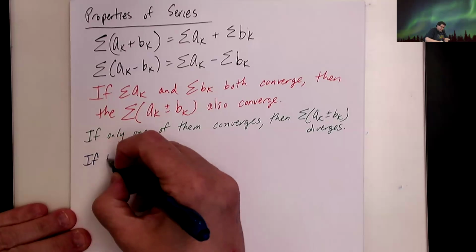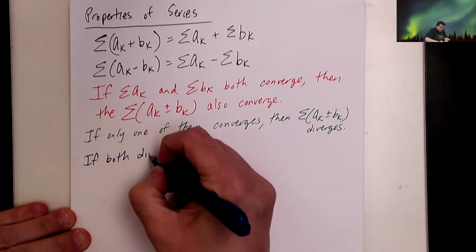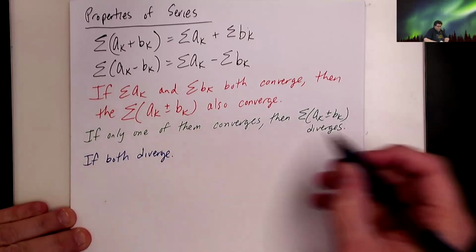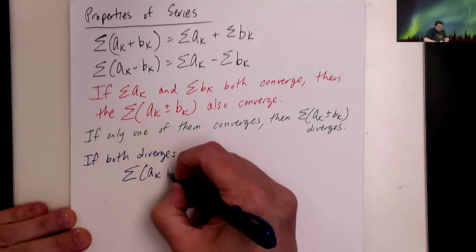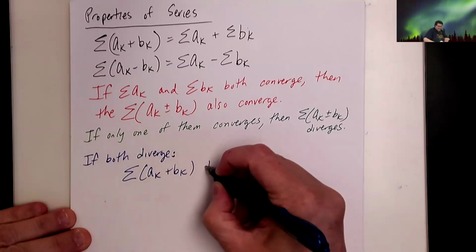If both diverge, the summation of A sub k plus B sub k definitely diverges.